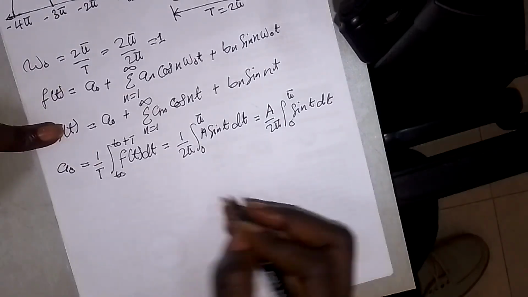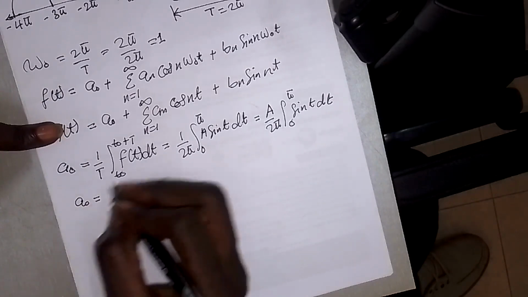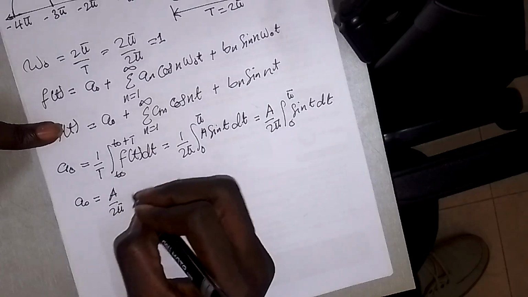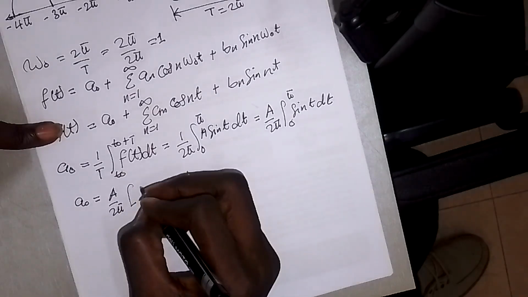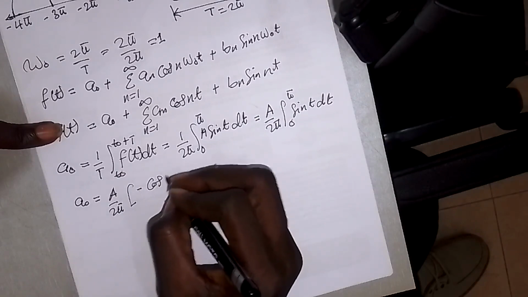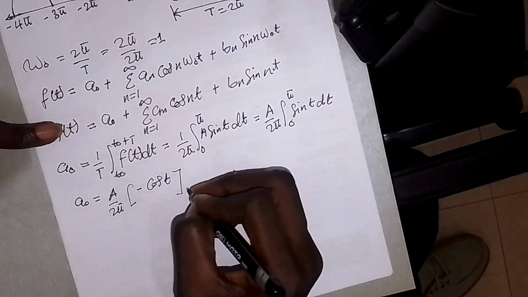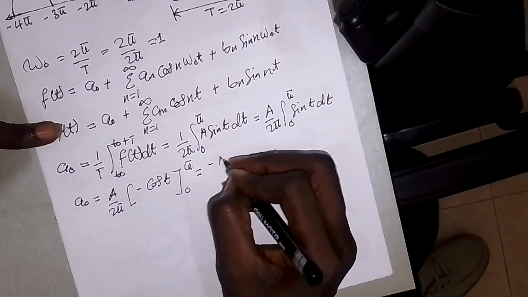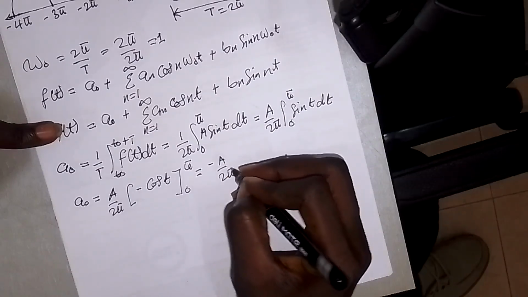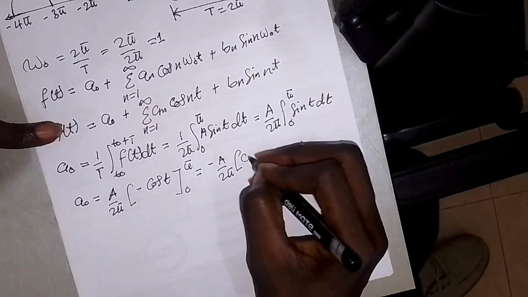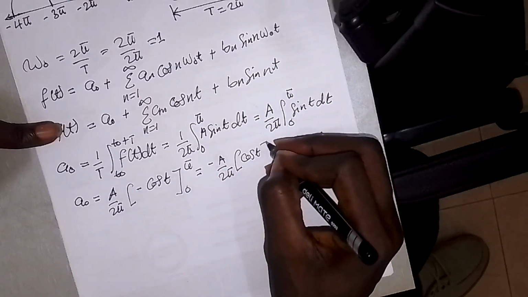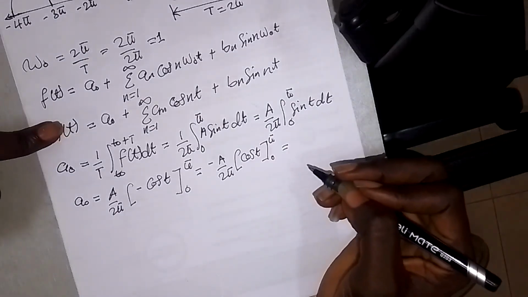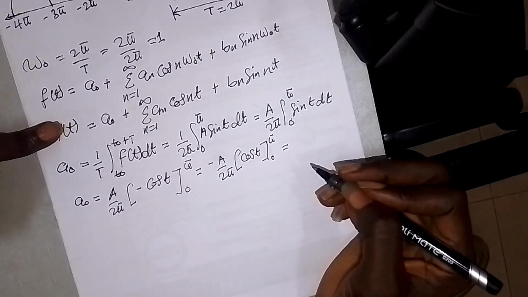When I do that, a naught is equal to A over 2 pi times minus cos t from 0 to pi, which is equal to minus A over 2 pi times cos pi and cos 0. So what is cos pi?